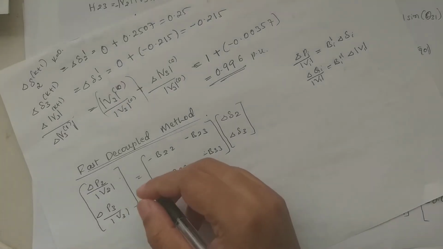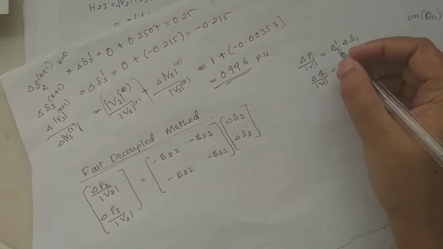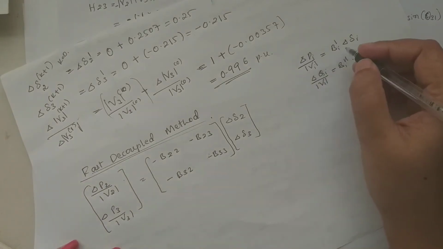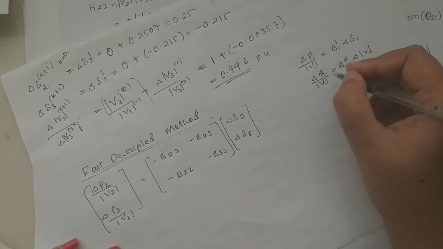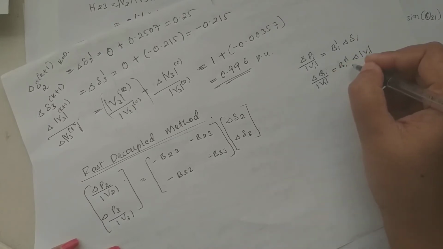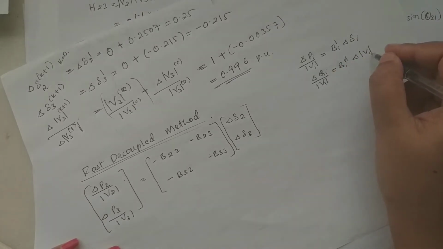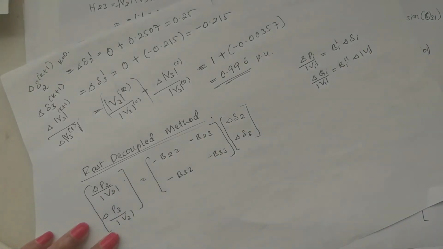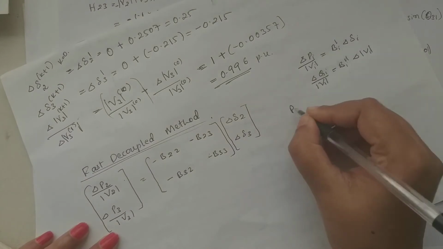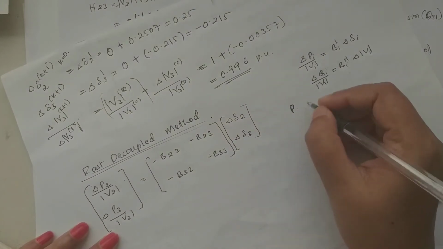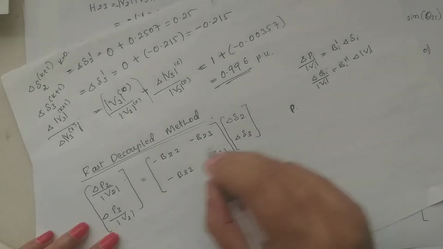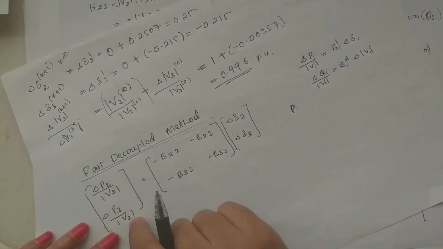Using the fast decoupled method, delta Pi divided by Vi is equal to Bi dash delta i, and delta Qi divided by Vi is equal to Bi double dash delta Vi. So we have to find delta Pi divided by Vi, for the PV bus as well as the PQ bus: delta P2 divided by V2 and delta P3 divided by V3.